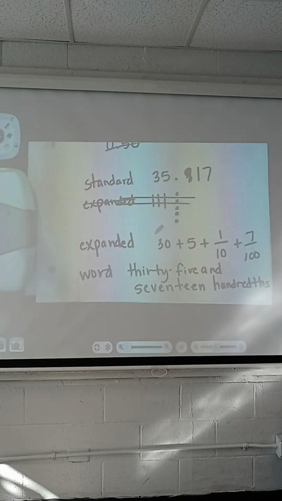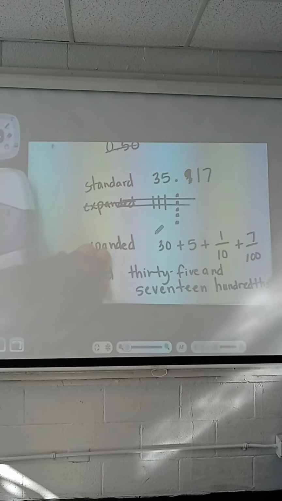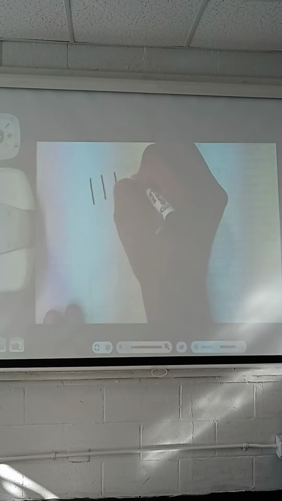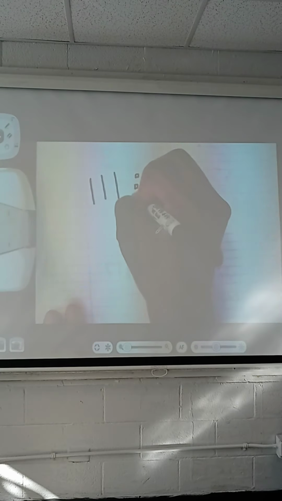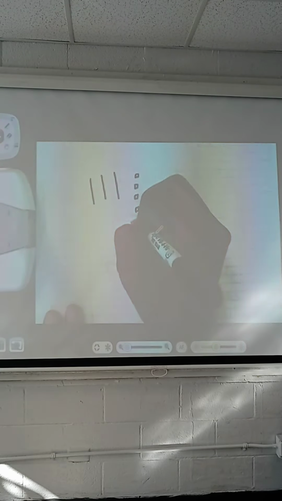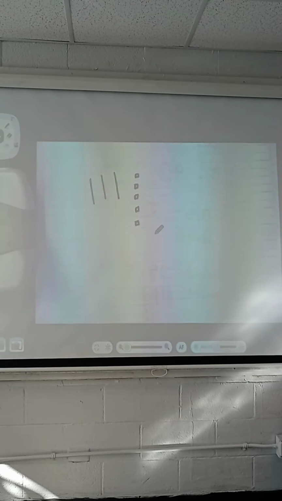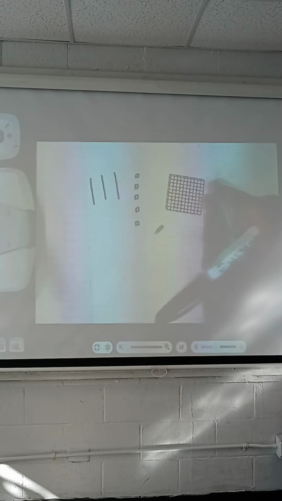Now if I model it, mine is a little bit different, because you're gonna write 35. We know we're gonna have 3 tens, 5 ones. Make sure your ones are little. 17 hundredths, I need a hundredths block.